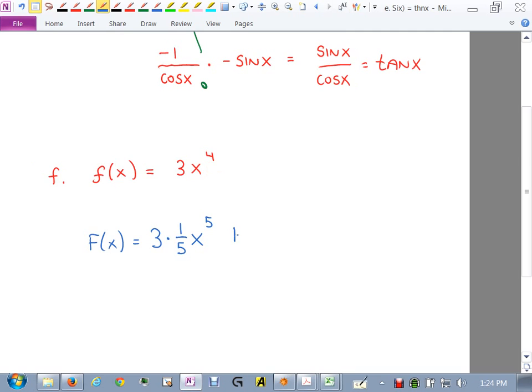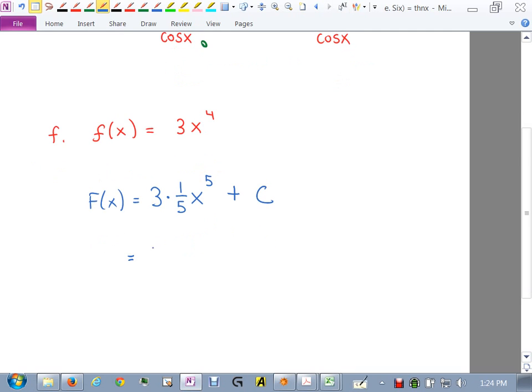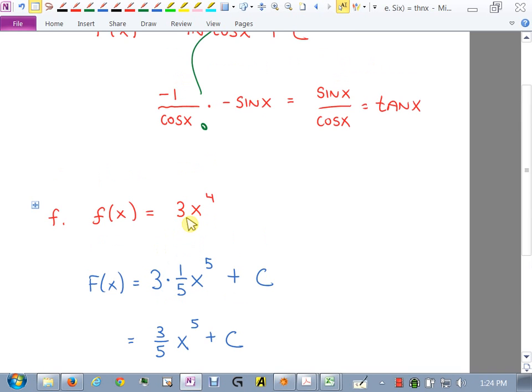And then I throw my constant on here, which I could say this is really 3/5 x to the 5th plus c. 3 times 1/5 is 3/5. Now, there is good news with this. You can always check your answer by just taking the derivative. If your derivative turns out to be this, you're good.